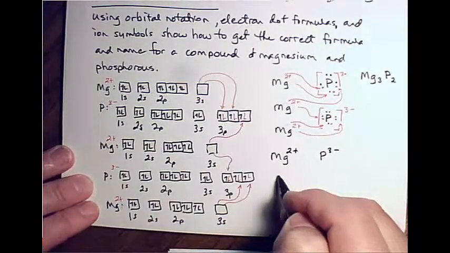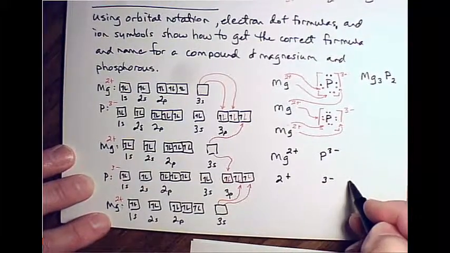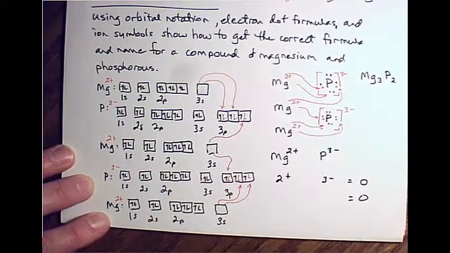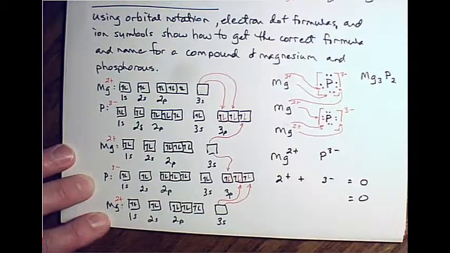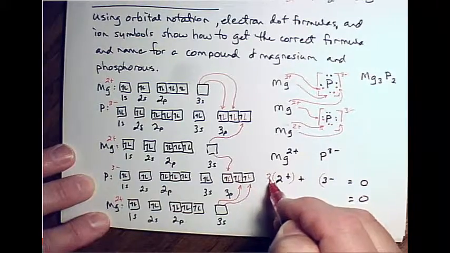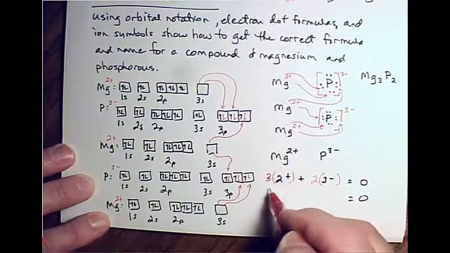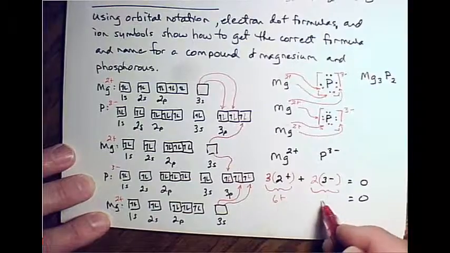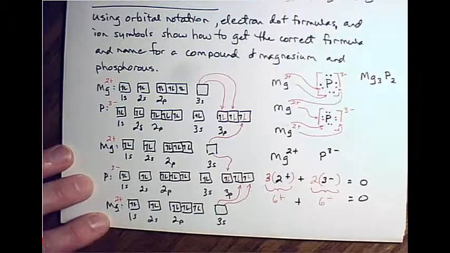So if we have a 2+ charge on the magnesium and a 3 negative charge on the phosphorus, and what we want overall is a 0 charge, well, if I have 3 of these 2+ charges and 2 of these 3 negative charges, the result is that I'm going to have a 6 positive here and a 6 negative here, and that comes out to be 0. So this works out for us.